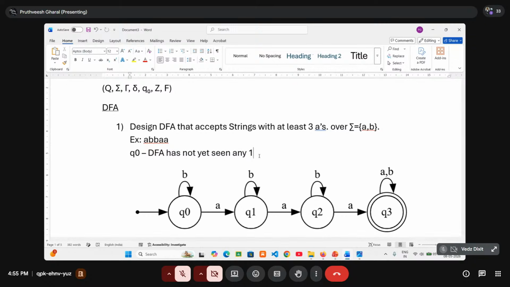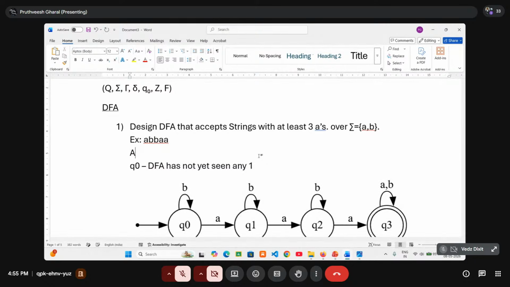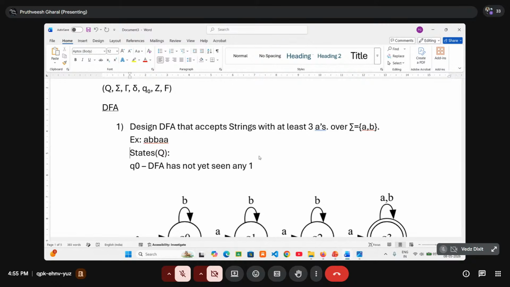Our traffic light had some logic built in that said that if you are in the stop state, go to the go state. But the DFA right now does not have any logic. Okay, so what we'll do is first define the states.